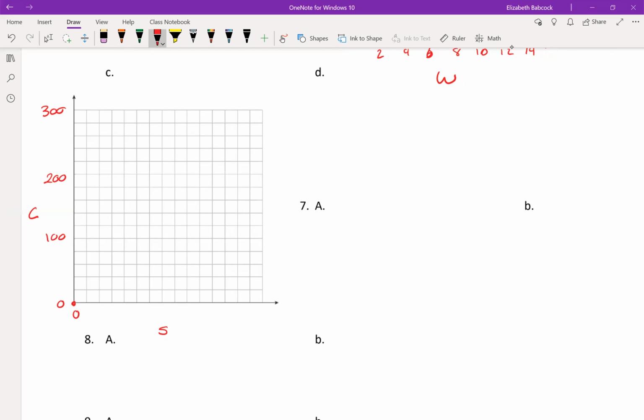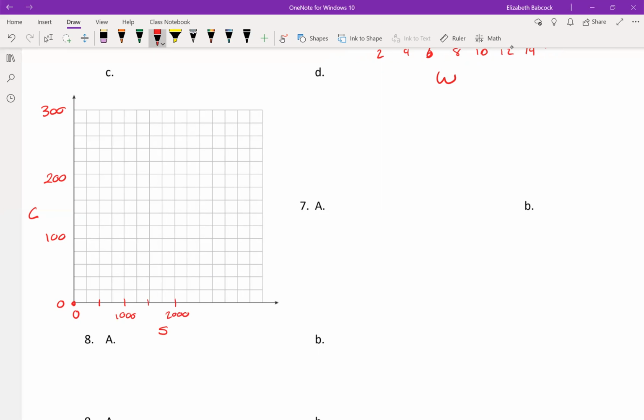But we need different values on the bottom. So I'm going to do each one equals 250. So that means this would be 500, 1,000, 1,500, 2,000.